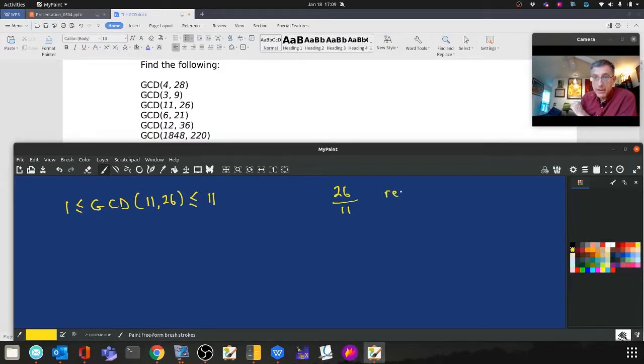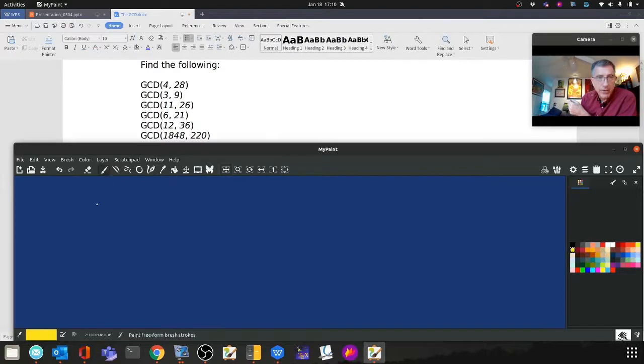There's a remainder of 4, actually. It needs to have a 0 remainder. So condition 2 doesn't hold. So I can use rule 3. Since 11 is prime, in this case, the GCD of 11 and 26 is equal to 1. That's the smallest value it can take.